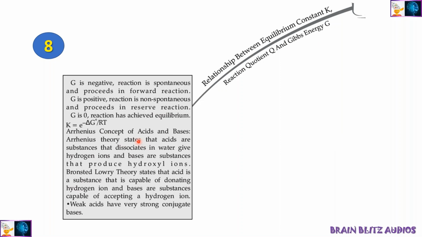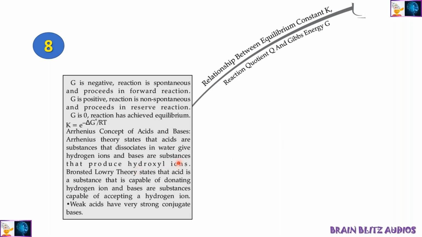Now, the next thing here is Arrhenius' concept of acids and bases. These topics here are relatively simple and easy to understand. Arrhenius is the name of a scientist, and he says that acids are substances which, when you dissolve them in water, give you hydrogen ions. So if you dissolve hydrogen chloride in water, you get hydrochloric acid, which has H+ ions.